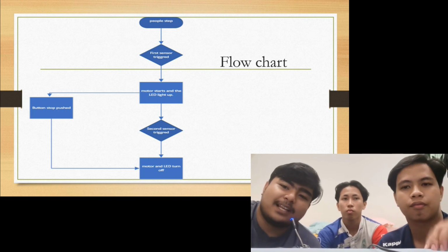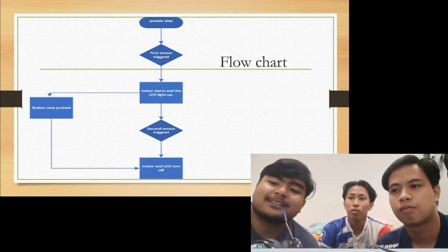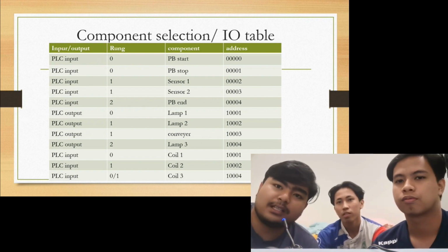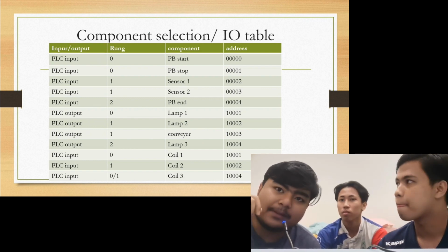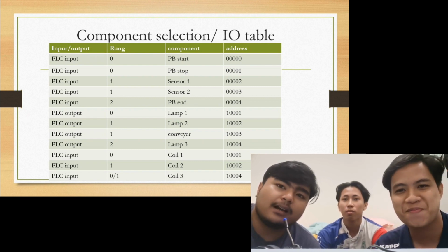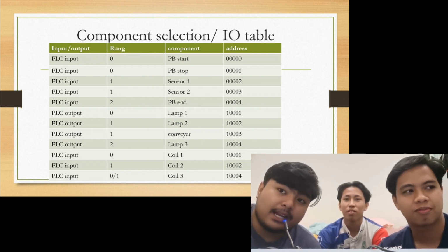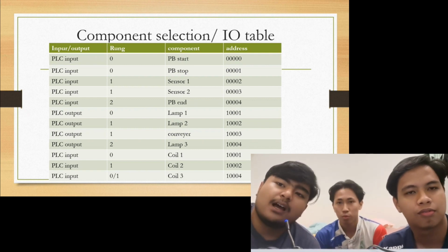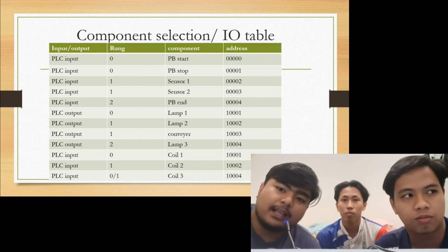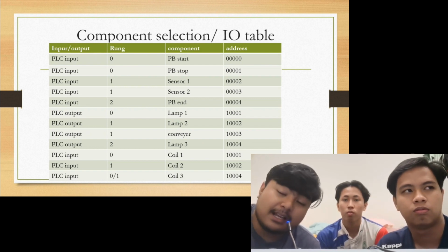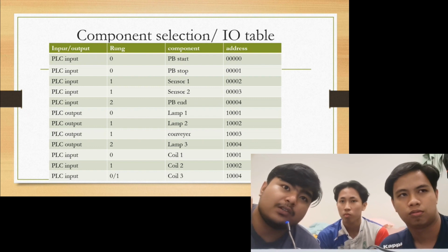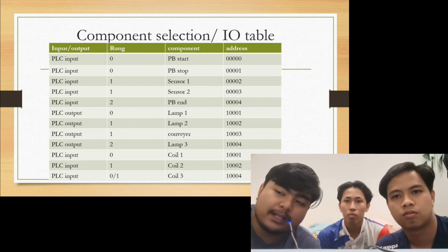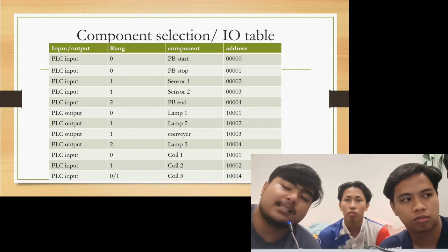Next, our slide is about the component selection used in our smart escalator. There is PB start and PB stop, which are the main components. The sensor is the main component because it shows us that the motor will start if the sensor is triggered.